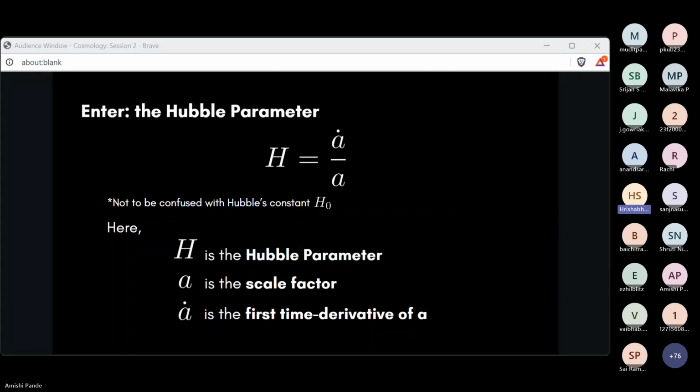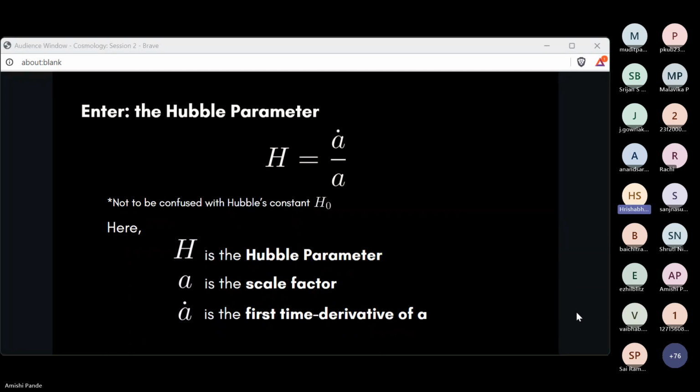Hubble's law was given by Edwin Hubble in 1929, when we did not use much physics, or could not observe beyond a certain point. But Hubble's law is true. It's not wrong. It's like Newton's gravitation. It is right, but the scope of its validity is not infinite. So for now, just forget about Hubble's constant and focus on the Hubble parameter.